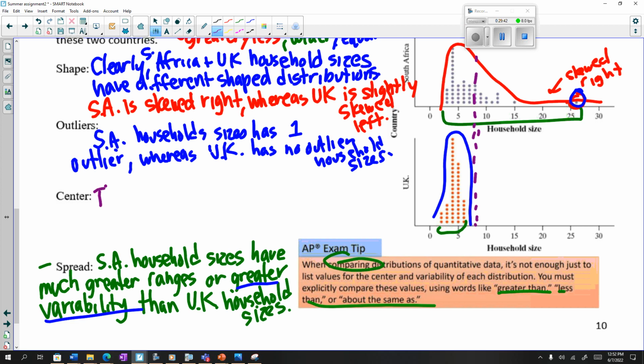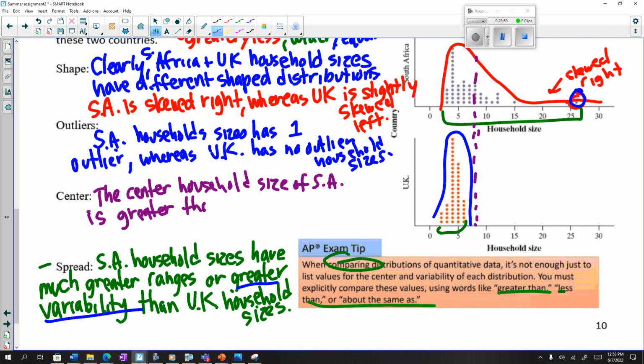So I'm just going to say the center household size, and I don't know if it's the mean or the median, probably the median would be what we would compare, of South Africa is greater than the center size of UK.